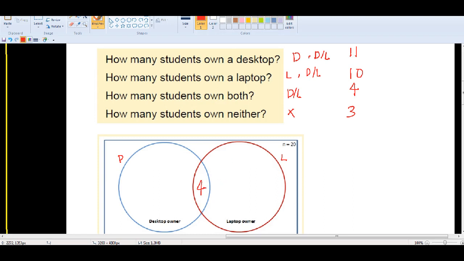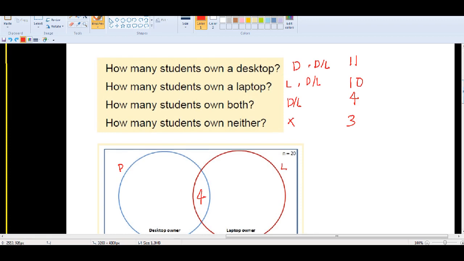After you put 4 here, we move on to the other part of the circle. This region should be the number of students who own a desktop but not a laptop. So D only. We know D or DL gives you 11, the students who own a desktop.